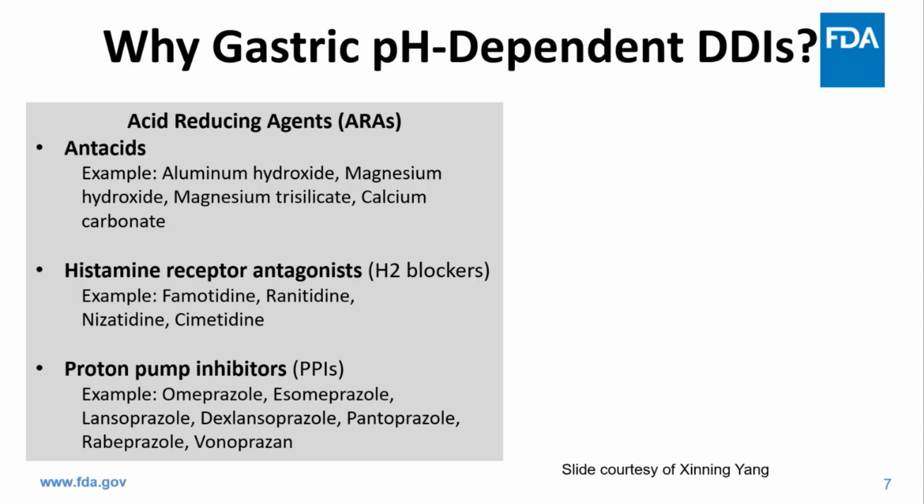Here is a slide that I borrowed from my colleague, Xining Yang, who presented in the December 2023 SBI seminar, showing different ARAs such as antacids, for example, aluminum hydroxide, magnesium hydroxide, magnesium trisilicate, calcium carbonate, histamine H2 receptor antagonists, or H2 blockers, such as famotidine, ranitidine, nizatidine, cimetidine, and proton pump inhibitors, or PPIs, such as omeprazole, esomeprazole, lansoprazole, dexlansoprazole, pantoprazole, etc. These ARAs are widely used, and some are available through prescription and also over the counter.